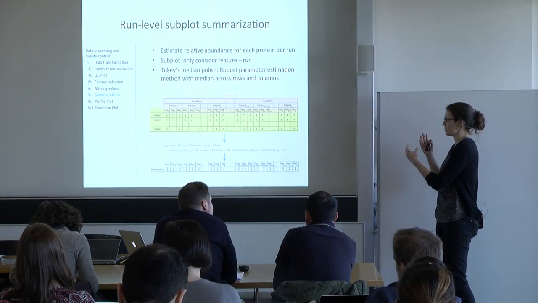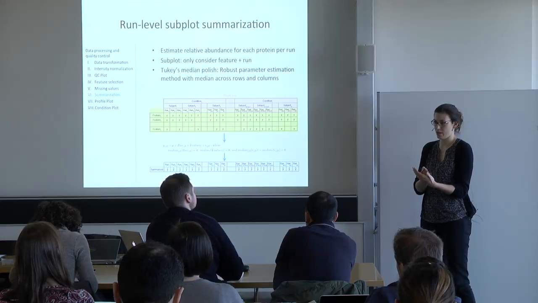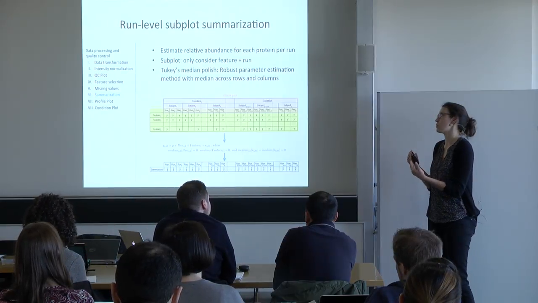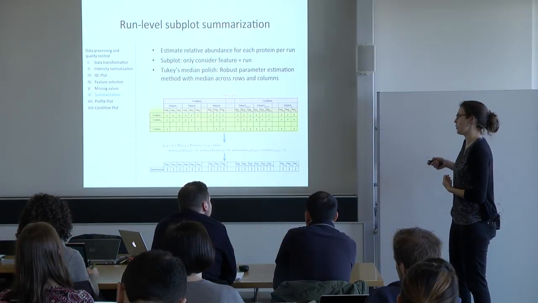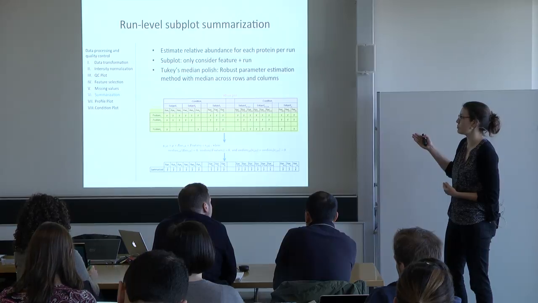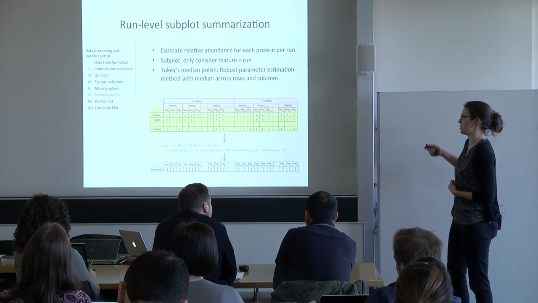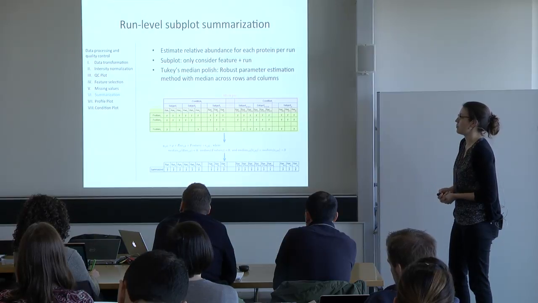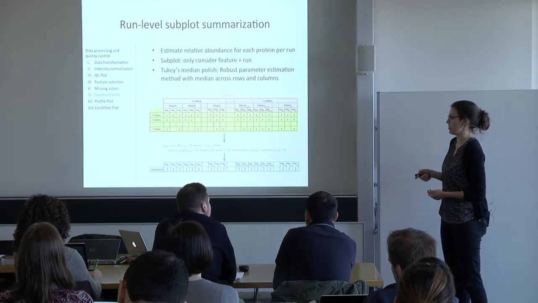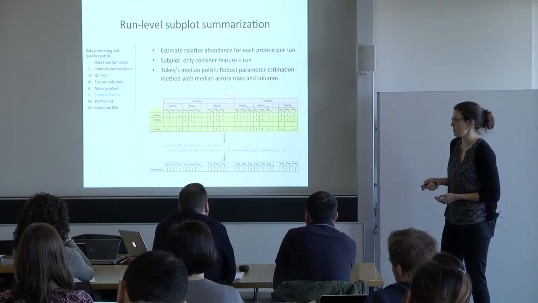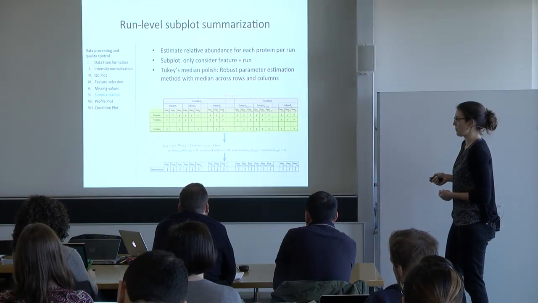This normalizes the data in a very outlier-independent way, so that you have a normalized data matrix after this median polish, and you can summarize the values for each run in a very stable way, so that at the end you only get one summarized protein intensity value for each run.